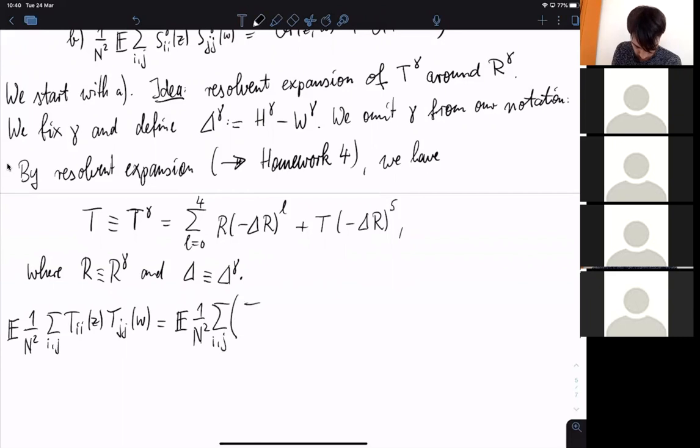Then I have a big parenthesis: the sum over l from 0 up to 4 of R(z) minus delta R(z) to the l. Everything here depends on the spectral parameter z, which is fixed; everything in this expression is evaluated at z. Delta does not depend on z.